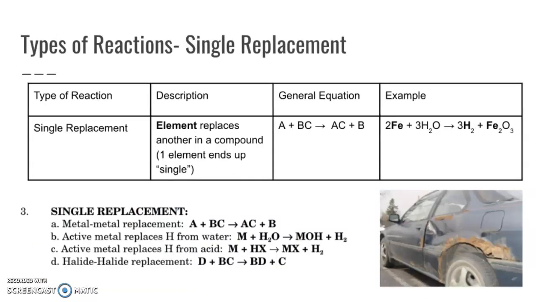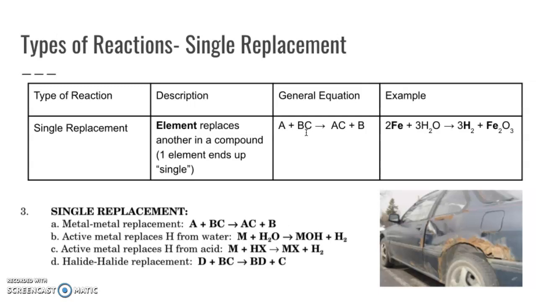The third type of reaction is single replacement. If you think about it, what is replacing? You're taking someone's spot or something's spot. And single means 1. So an element is replacing another in a compound, and only 1 element is going to change, so 1 element ends up single.